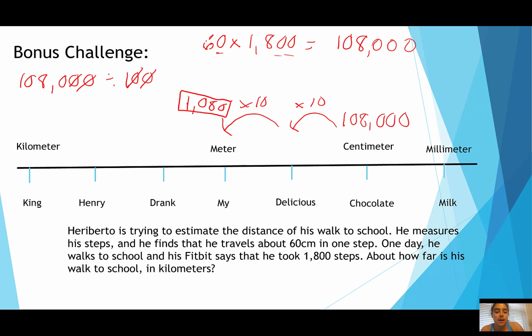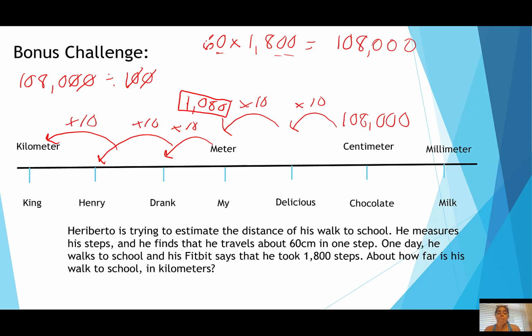So let's see, how many spots am I moving up from meters to kilometers? Let's count. 1, 2, 3. That's like going 3 place values up. Okay, so times 10 times 10 times 10, right?